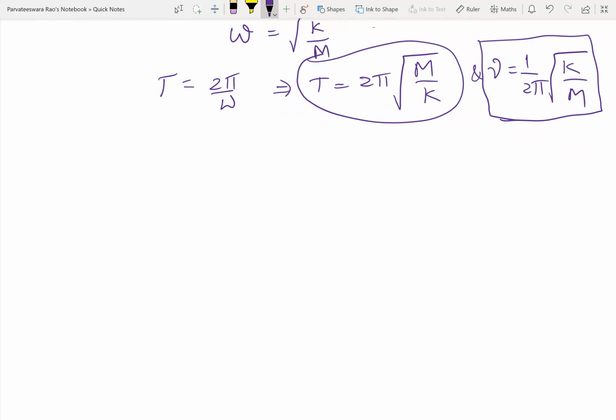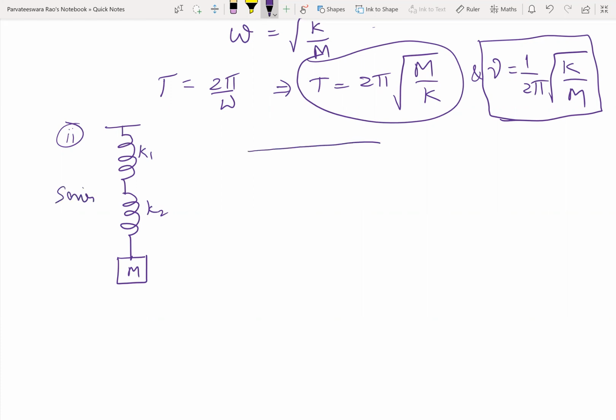Then in this, suppose we have two springs of spring constants k1 and k2. They are connected in series.